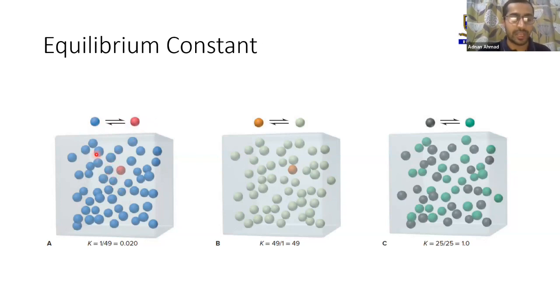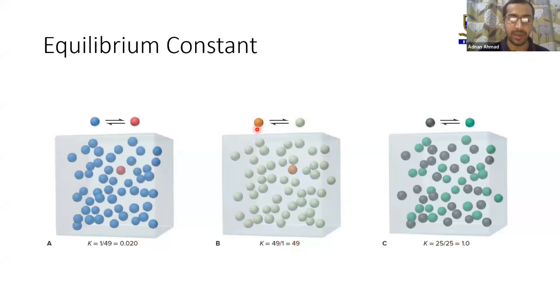Here we can see that we have lots of reactant. The blue molecules are in a higher quantity, but the products are in lesser quantity, right? So for this reaction, the equilibrium constant is 0.020. Now if we have lots of product and very little of the reactant, the equilibrium constant will be very high.